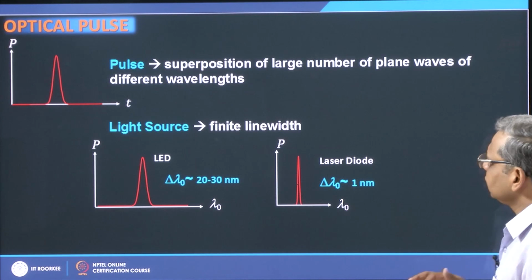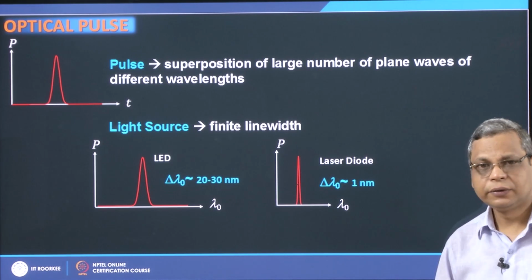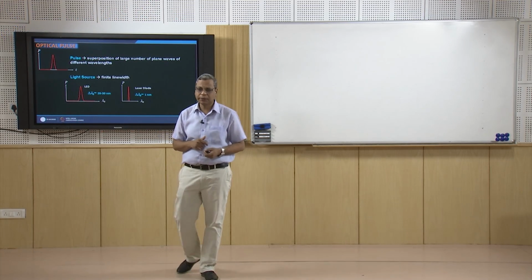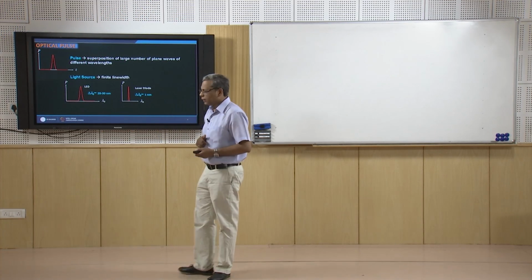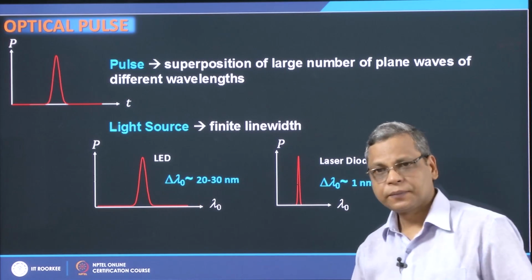When I use a light source like an LED or a laser diode for creating these pulses to send data into an optical fiber, these light sources have finite line width.